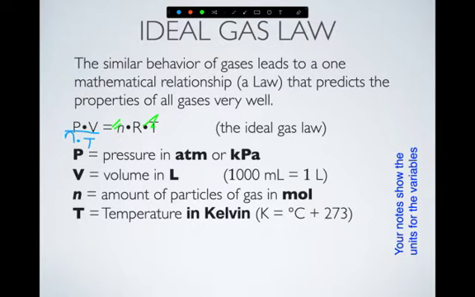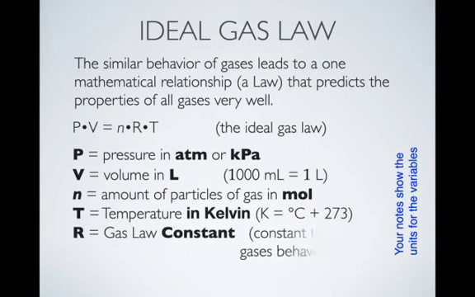When I put all that together, I end up with R. So R is always going to be the same no matter what conditions I have for a gas, and that's why it's constant. On the worksheet on the far right at the bottom are the two R values that we will be using. They differ by one being in atmospheres and the other one being in kilopascals.